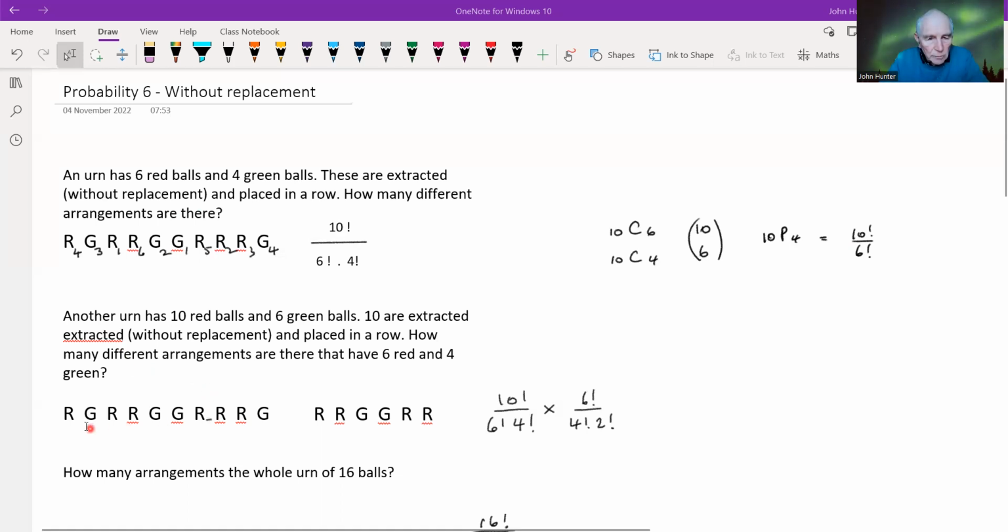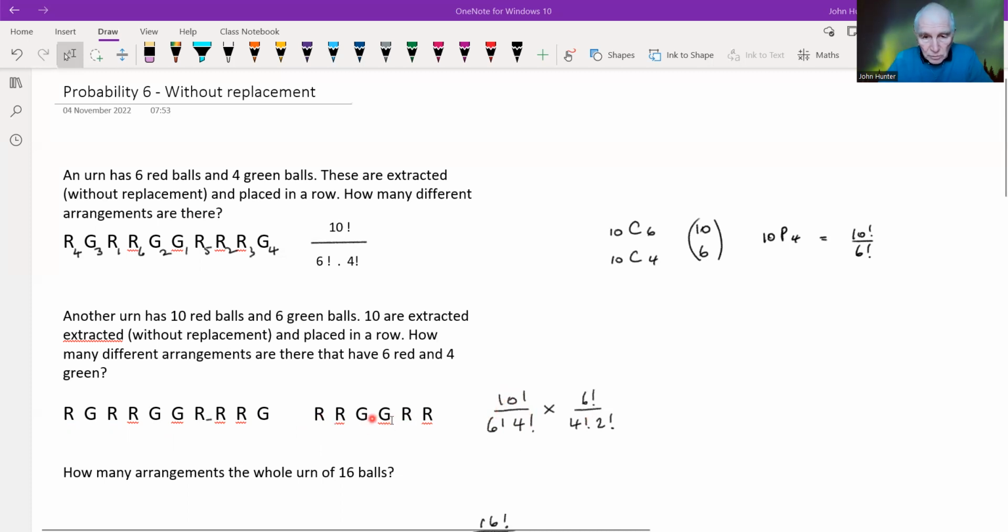And what we've got here, therefore, is these are the 10 balls that we've extracted and placed in a row. And these are the remaining ones that we've just taken out. So the total number of arrangements essentially is this. This is the same as before, isn't it? 10 choose 6, 10 choose 4.